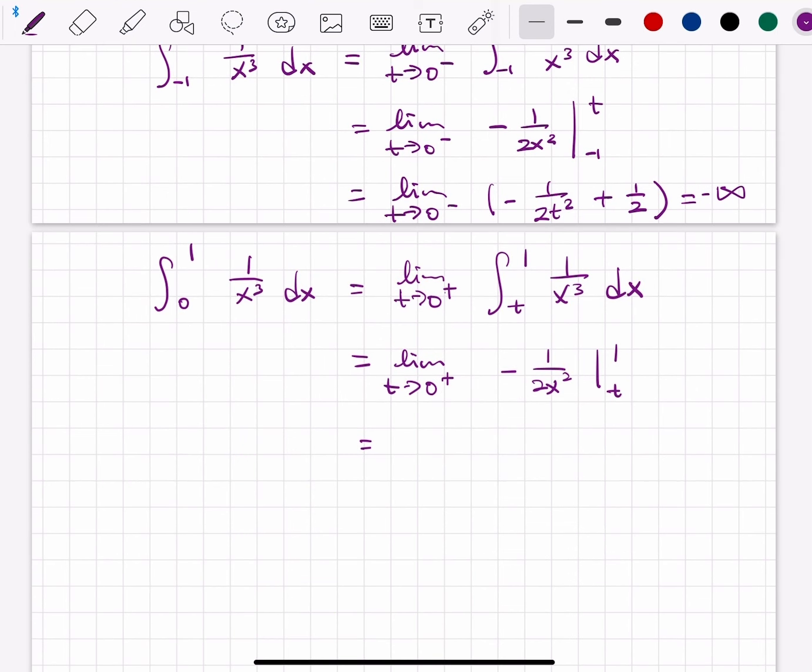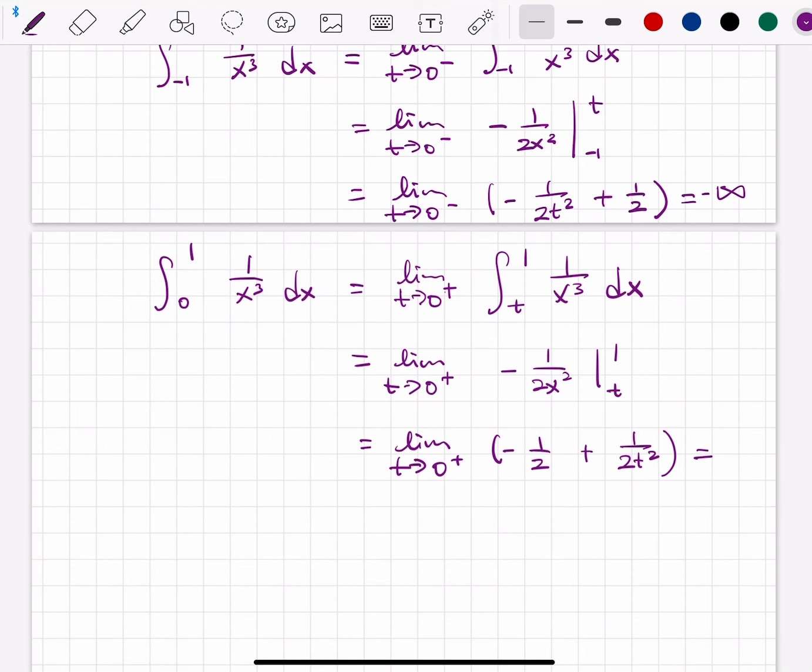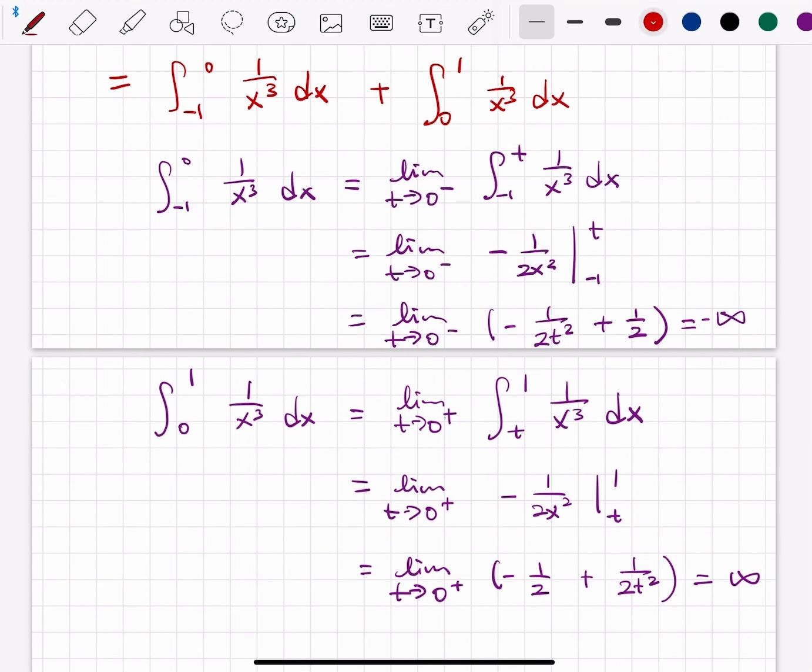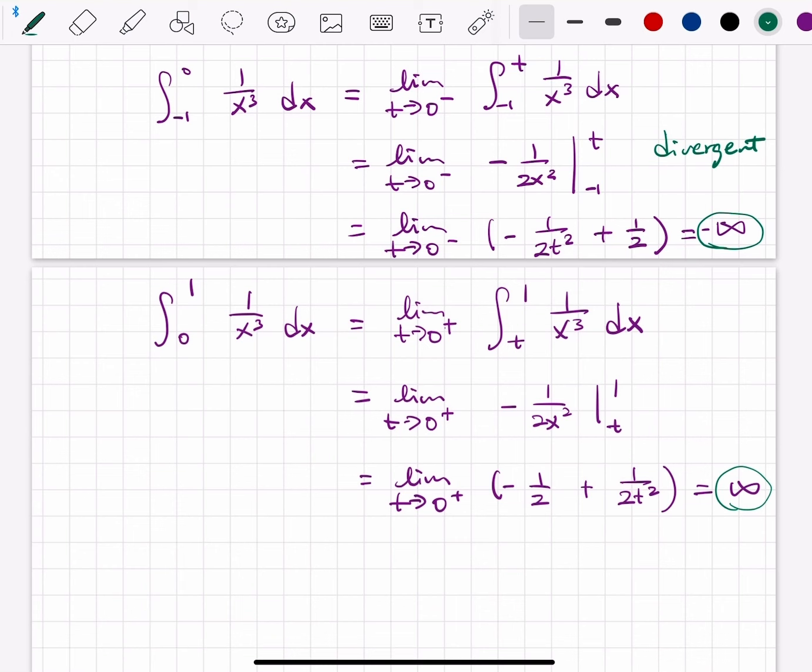But the evaluation portion is going to be evaluated at t approaching 0 from the positive side, but still is going to be positive infinity. So we can see that the first part, because of the infinity, is divergent. The second part, because of the positive infinity, is also divergent.